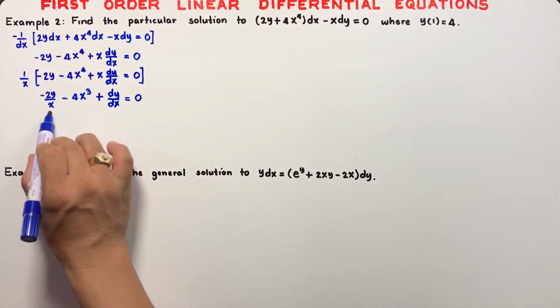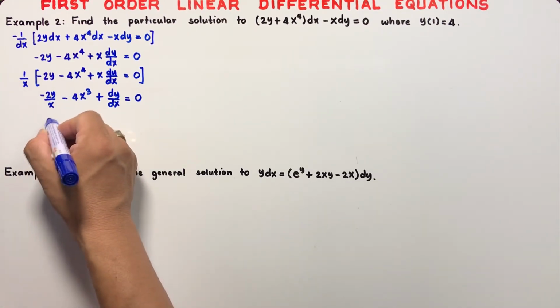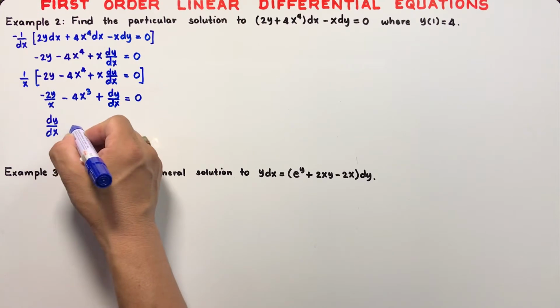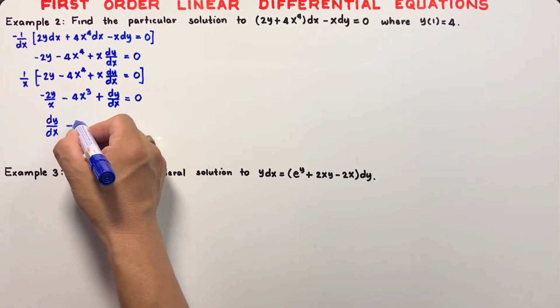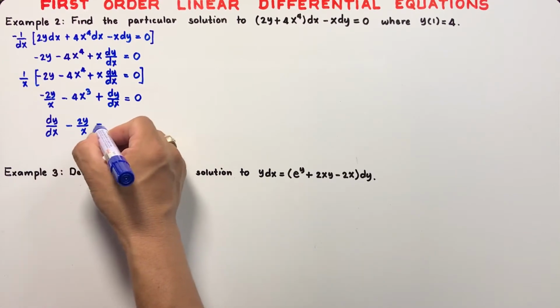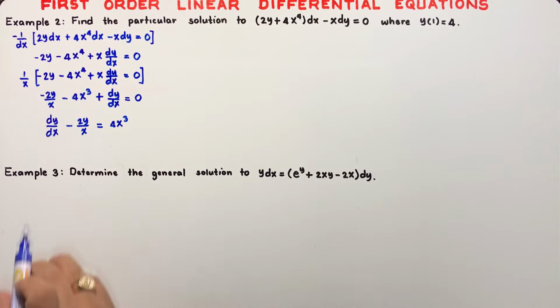So rewriting this resulting equation so that it will fit to a standard form of a first order linear differential equation, we write this dy dx as our first term, and then minus 2y over x, which is equal to 4x cubed, because this is linear in y.